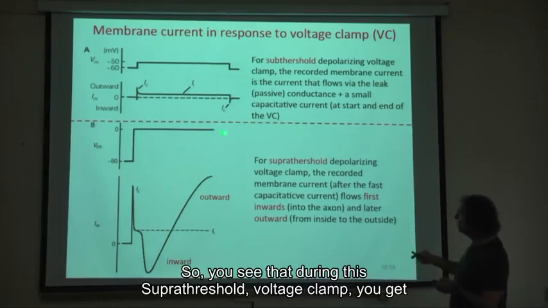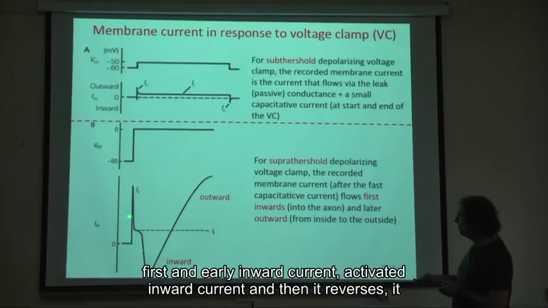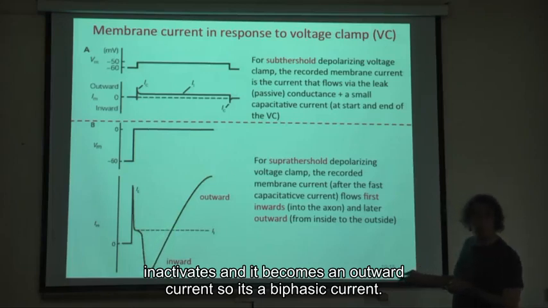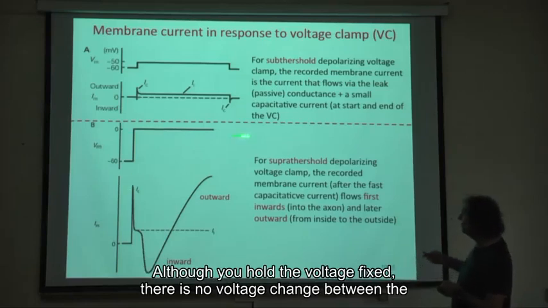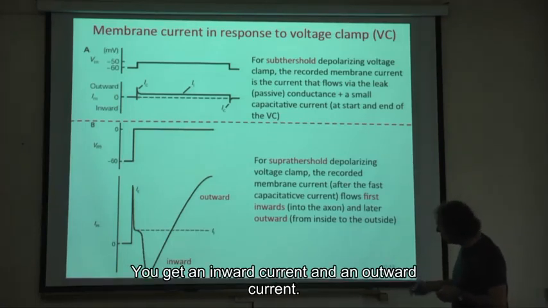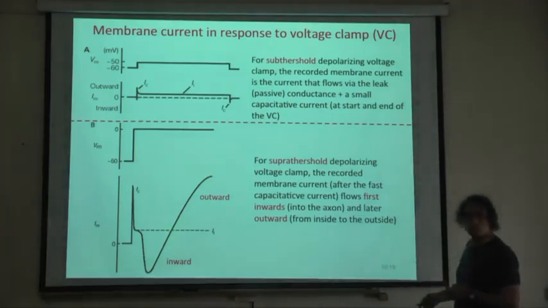So you see that during this suprathreshold voltage clamp, you get first an early inward current, activated inward current, and then it reverses, it inactivates, and it becomes an outward current. So it's a biphasic current. Although you hold the voltage fixed, and there is no voltage change between the two sides of the membrane, it's the same voltage, you get an inward current and an outward current.